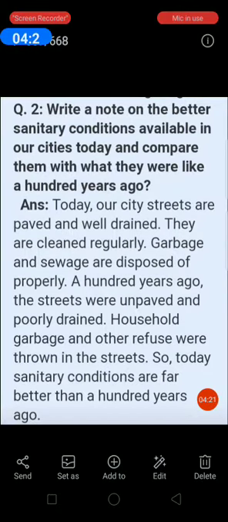Today, streets are cleaned and they are well drained. 100 years ago, they were poorly drained, meaning that there was no drainage system and the dirty water or all the sewage used to stay there in the drains or in the streets. Household garbage and other refuse, here meaning rubbish, were thrown in the streets. So today sanitary conditions are far better than 100 years ago.